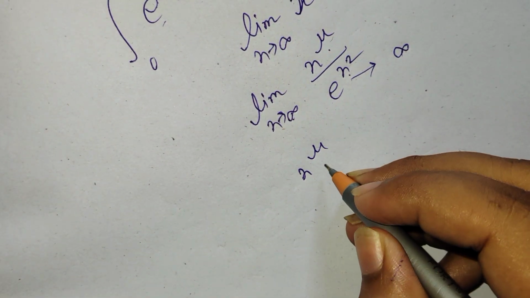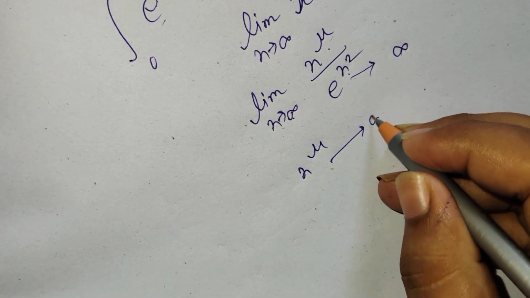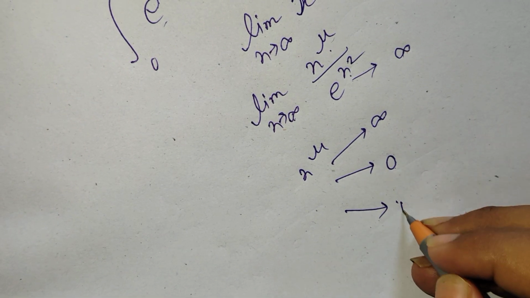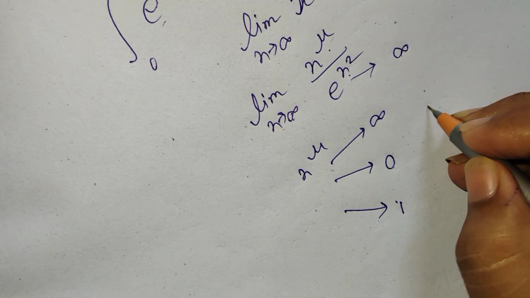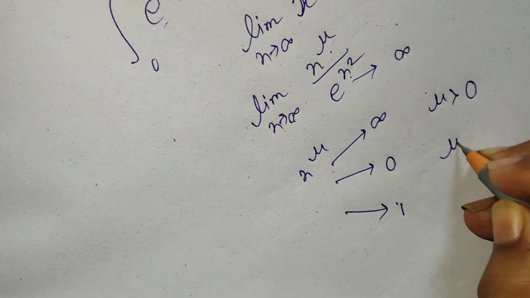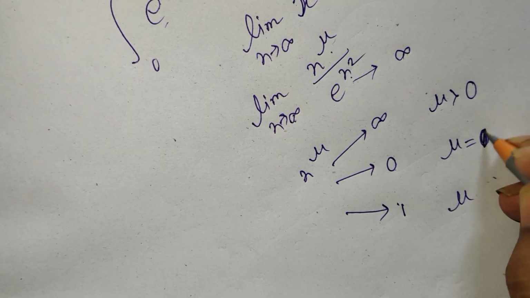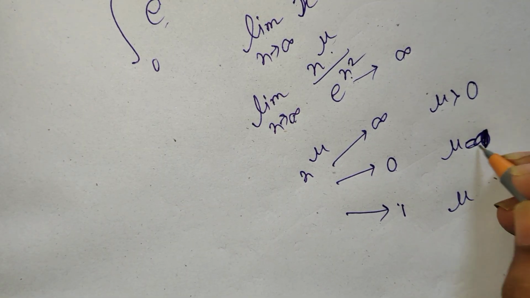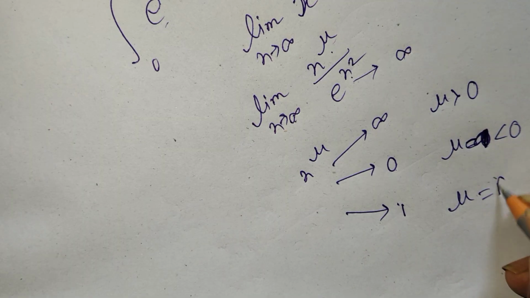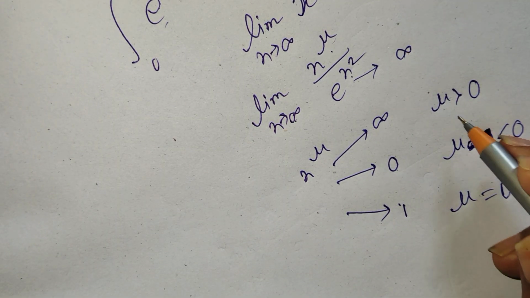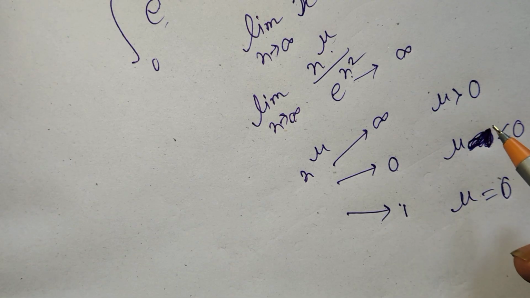x to the power mu will be infinity, will be 1, and will be 0. It will be infinity when mu is greater than 0, it will be 1 when mu is equal to 0, and it will be 0 when mu is less than 0. These are the conditions.